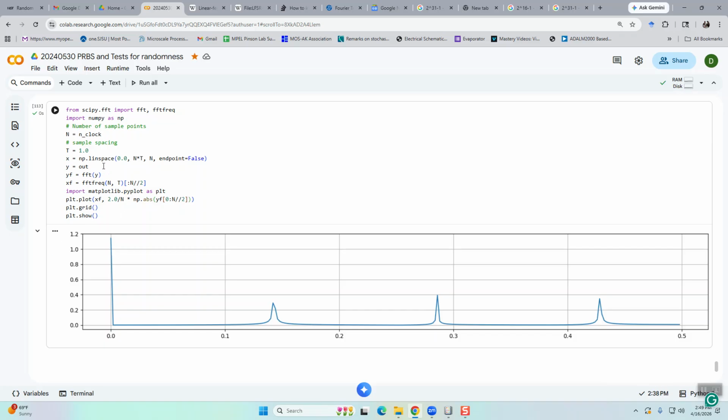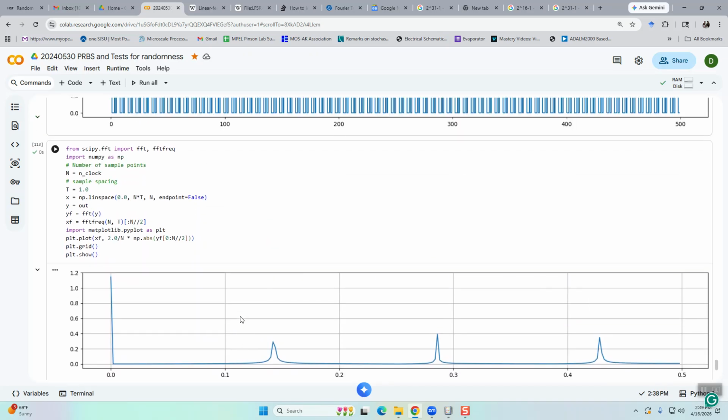So I must have a typo somewhere, right? But regardless, you can see these peaks, right? And even if there was a DC average, you could subtract that out and then you could see your frequencies, right?